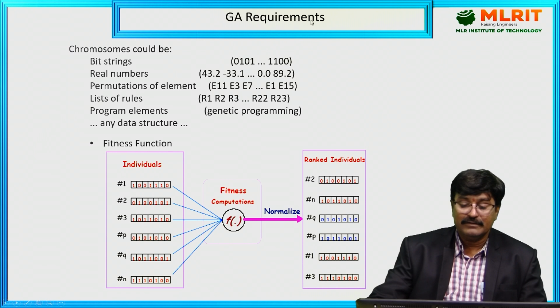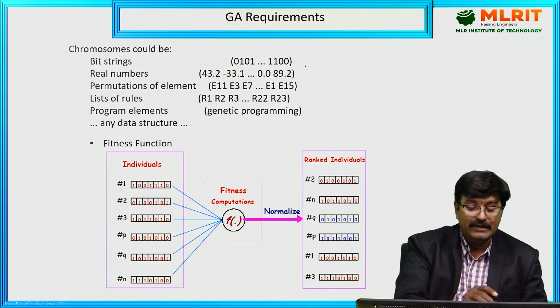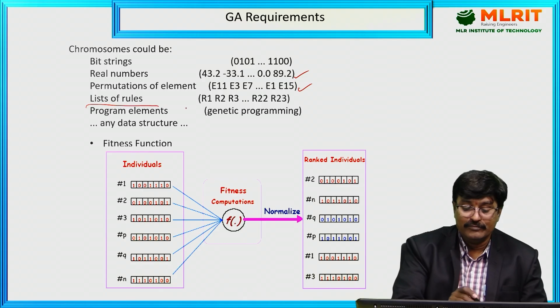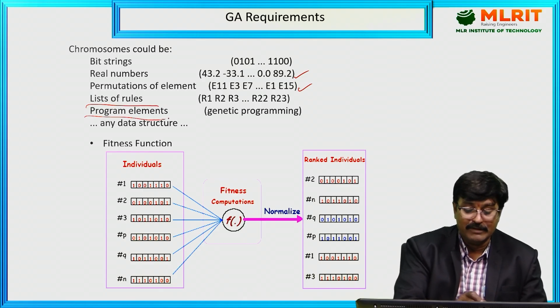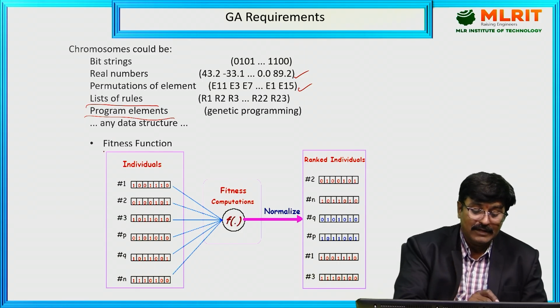So here are the GA requirements. Suppose a bit string is there, like 0101, and real numbers. These are permutations of elements. A list of rules, like rule one, two, three, defines program elements in genetic programming. What elements you have taken in that. And these are based on the fitness function.